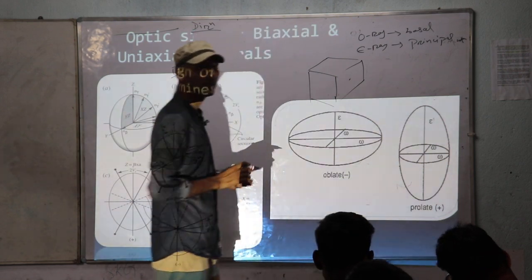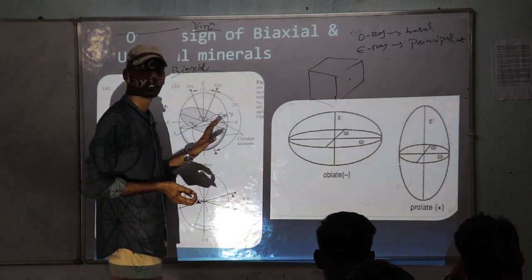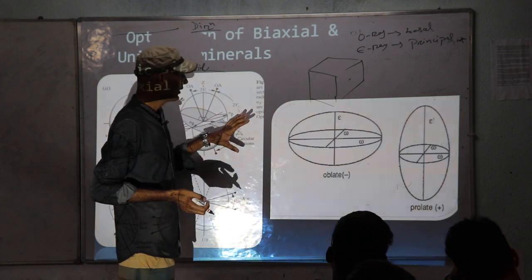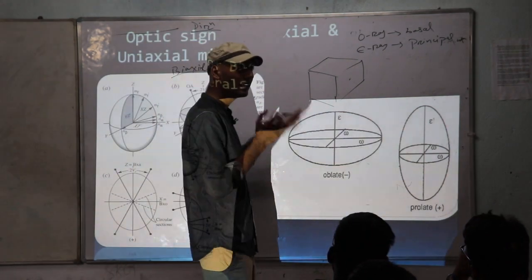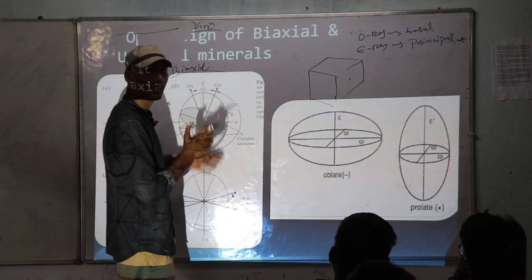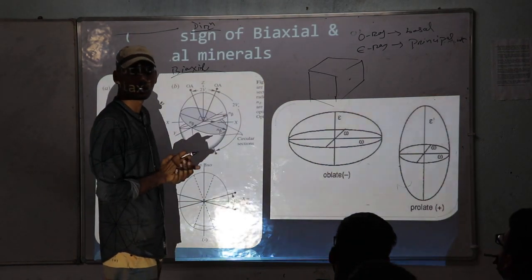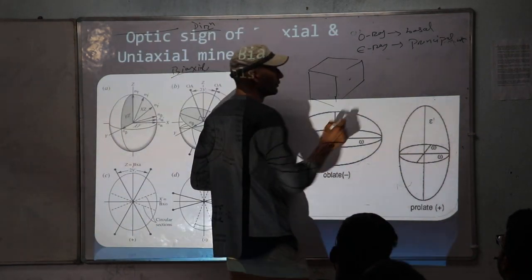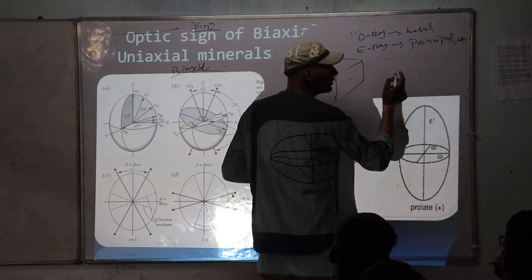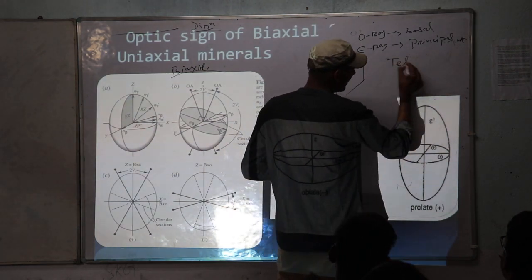What are the uniaxial minerals? What are the systems that crystallize into uniaxial minerals? Tetragonal and hexagonal.